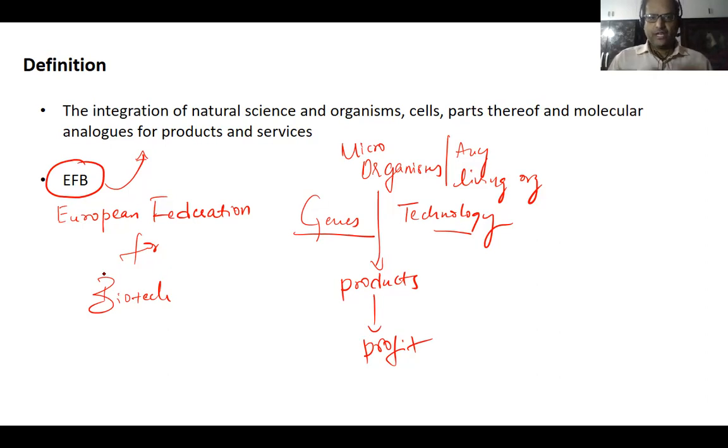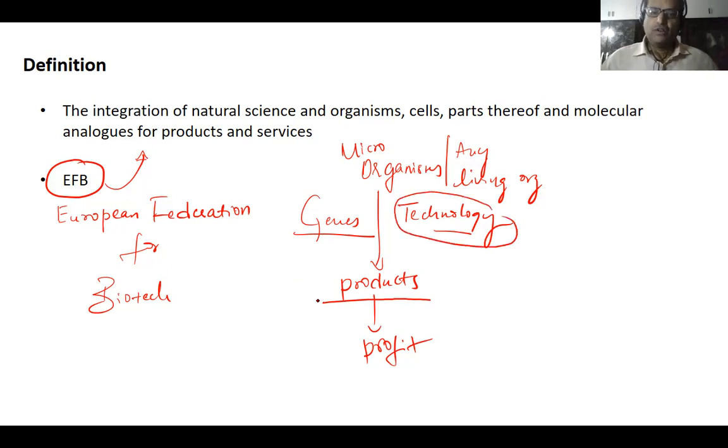We can also understand it in very simple terms: let's take the microorganism, and we have to get products from that particular microorganism by growing it in the laboratory, using the technology or the skills.